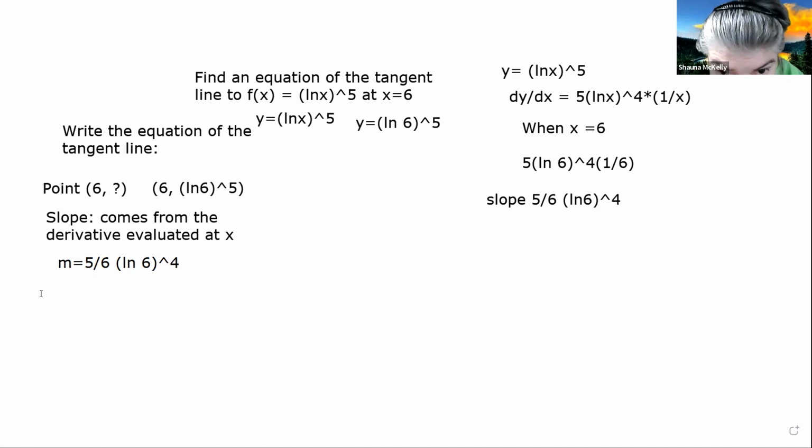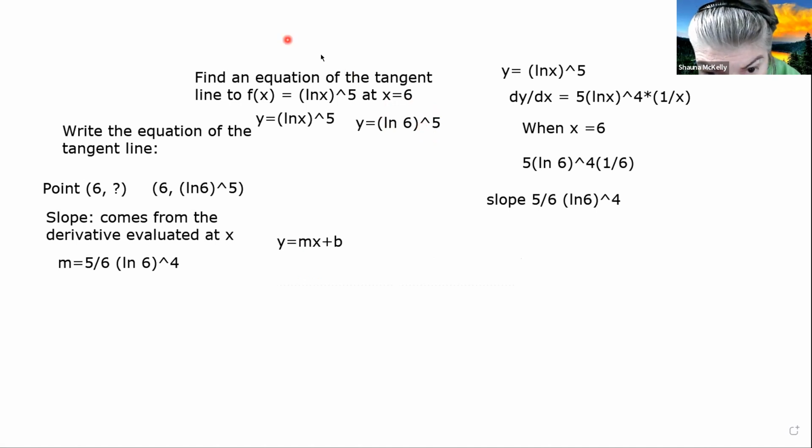Now, I have to get b, and this is not going to be the most fun you've ever had. It's going to look ugly, but it's not as bad as it looks, okay? So we're going to start with y equals mx plus b, and keep in mind, I know y is ln 6 raised to the 5th. This y comes from here.